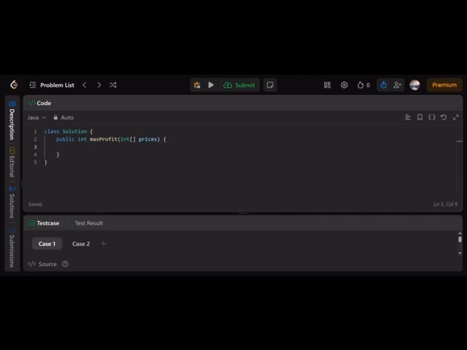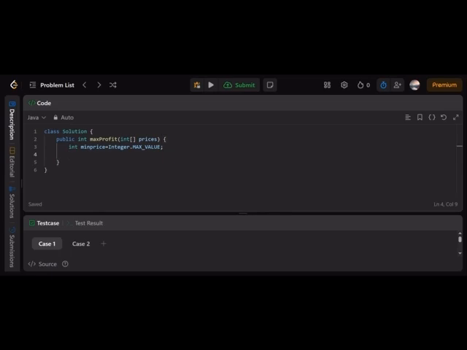In this, I'm going to be using two variables. The first variable is going to keep track of the minimum price that we have so far, because if you can buy a product for a minimum price, we need to keep track of that. So I'm assigning it the max value for the minimum price.